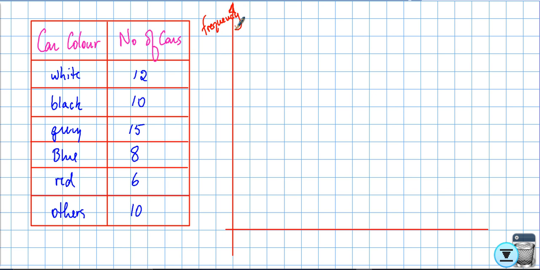Frequency, number of cars in this case, always on the y-axis. On the x-axis, we're going to have car color. Frequency ranges from 0 to 12, so I have 0, 2, 4, 6, 8, 10, and 12. And we're going to start.